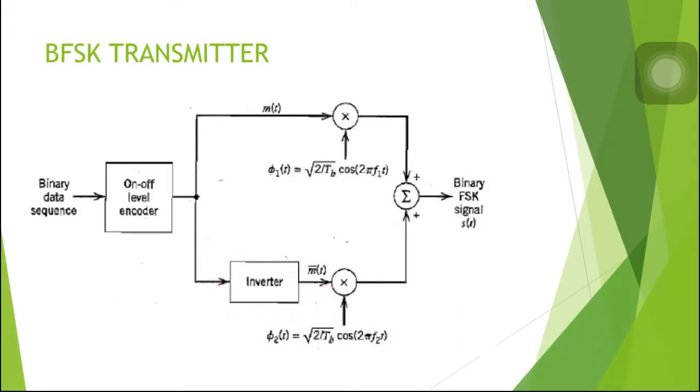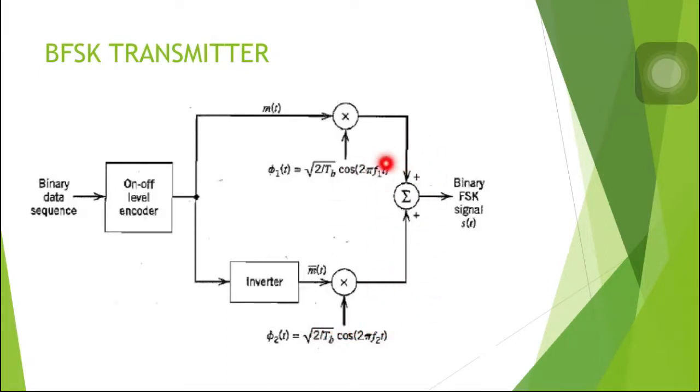Also, we have two functions here, f1 of t and f2 of t. What are they? f1 of t is equal to the square root of 2 by Tb cos 2 pi f1 t. Similarly, f2 of t is equal to the square root of 2 by Tb cos 2 pi f2 t.